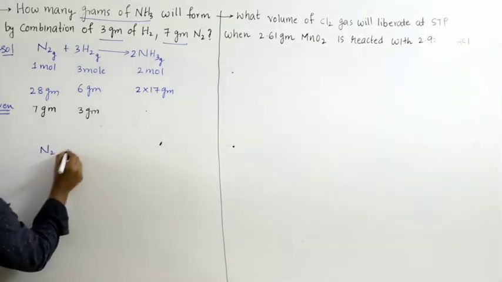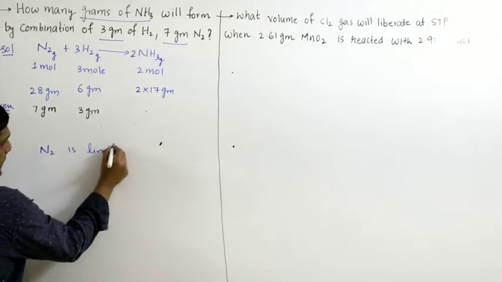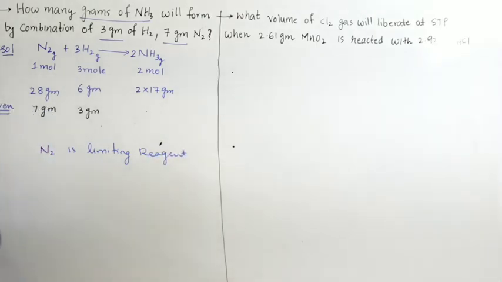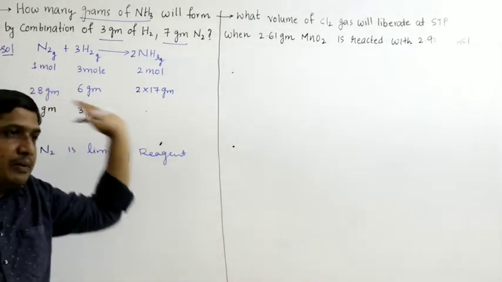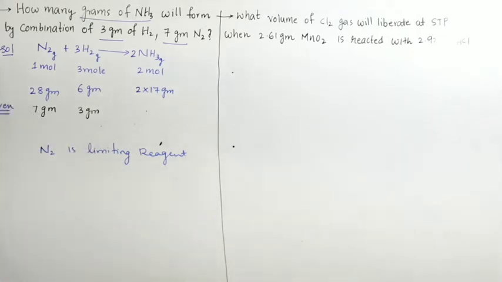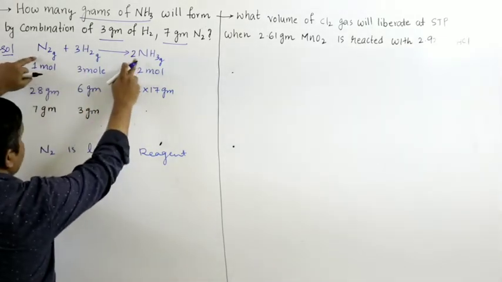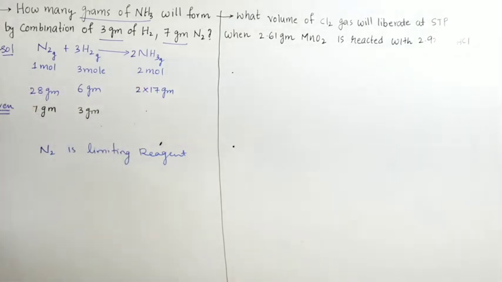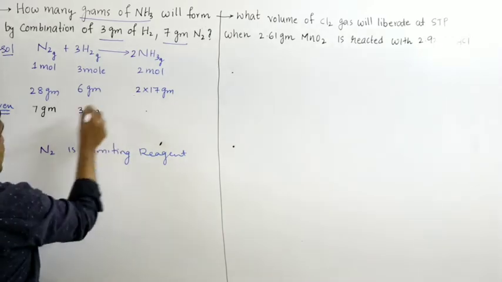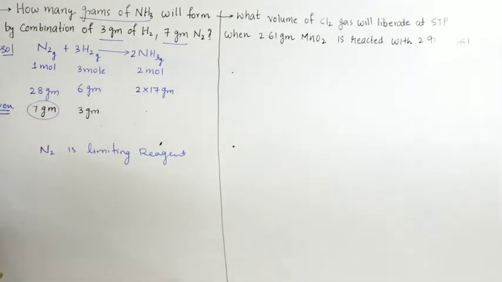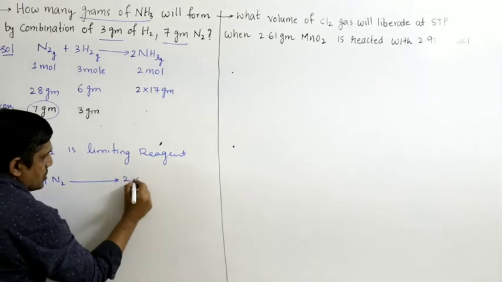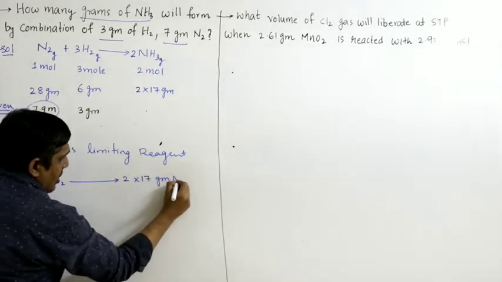So, nitrogen is the limiting reagent, right. So, hydrogen is present in more quantity compared to nitrogen. Right. So, in what ratio do these two react? 1:2. Since masses are given, 28 grams requires 34 grams. 28 grams gives 34 grams. But actually, how much do we have? Only 7 grams. So, 28 grams of nitrogen, on reaction with hydrogen, can produce 2 into 17 grams of ammonia.